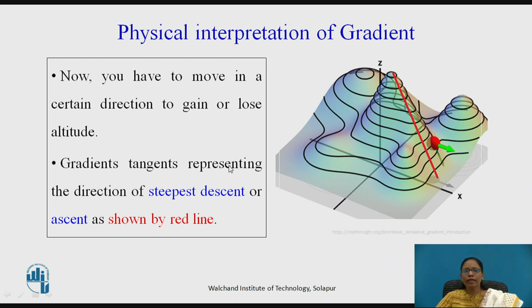So gradient tangent is representing the direction of steepest descent or ascent. So the direction of steepest descent or ascent, which is shown by the red line here, is called as a gradient. So this is the meaning of gradient in real world.